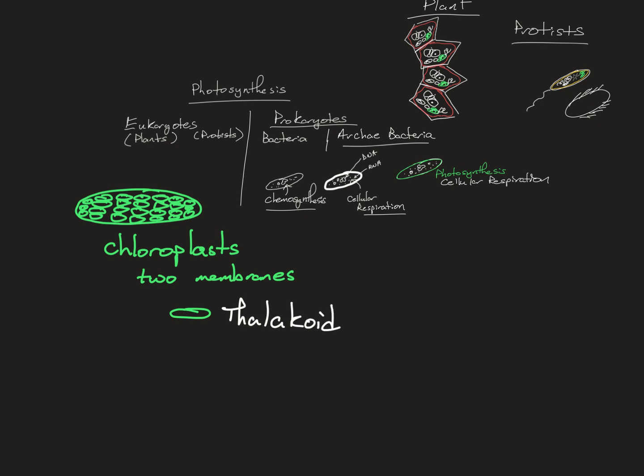And a whole stack of thylakoids we call a granum. So a stack is called a granum. Chloroplasts are found in plants and protists. They're all green.